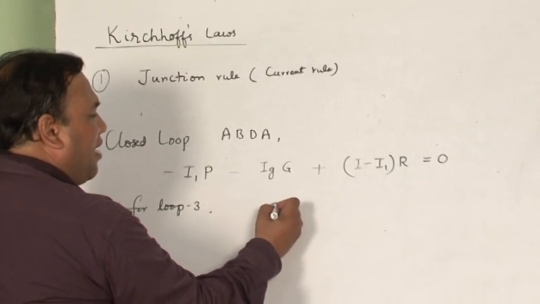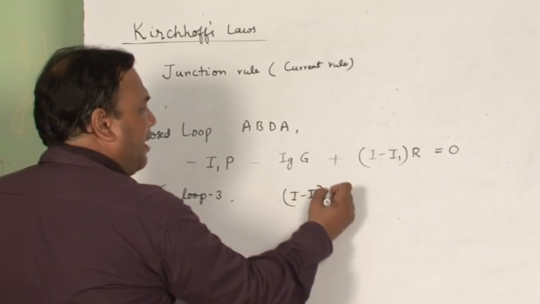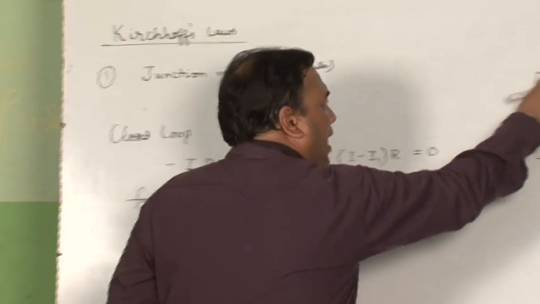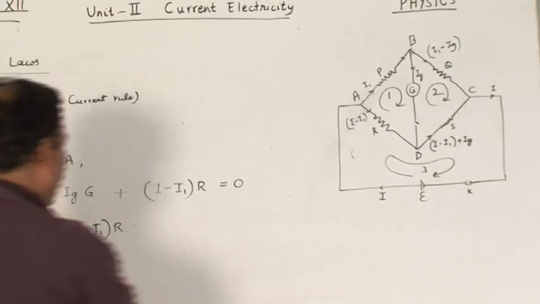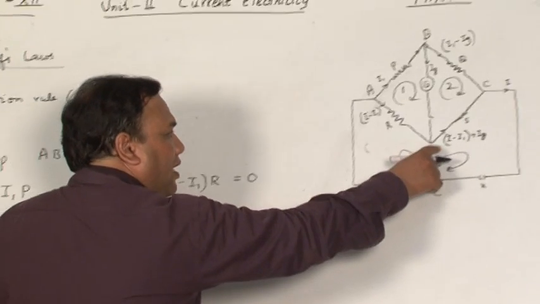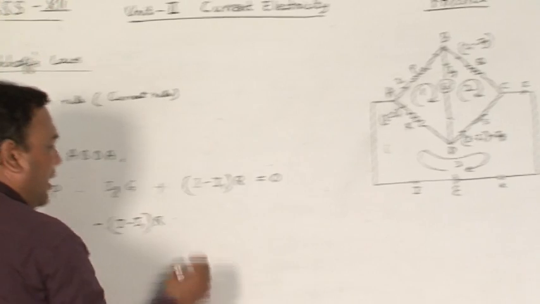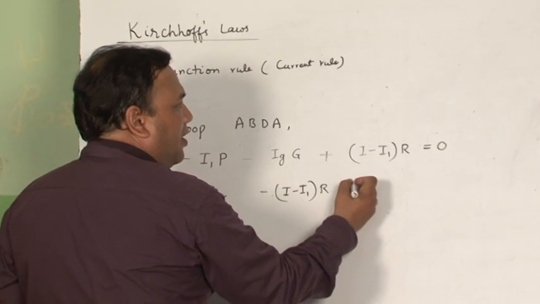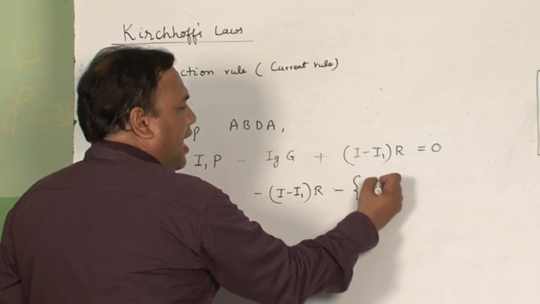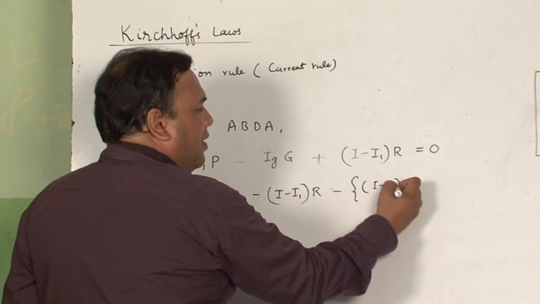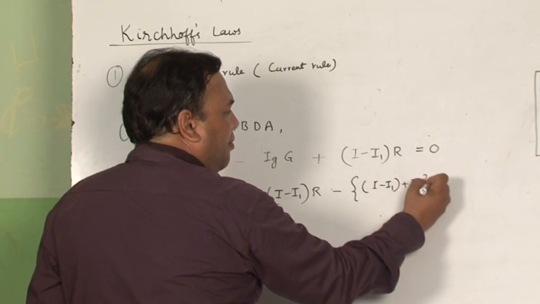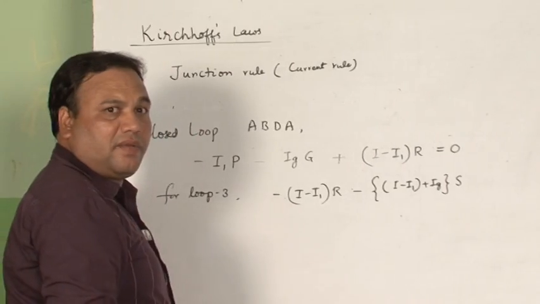Therefore, the product of current I minus I1 multiplied by R, from high potential to low, is negative. You have reached the point D and you are moving towards the point C. So the product of resistance and current is also negative. So it is I minus I1 plus Ig multiplied by S.